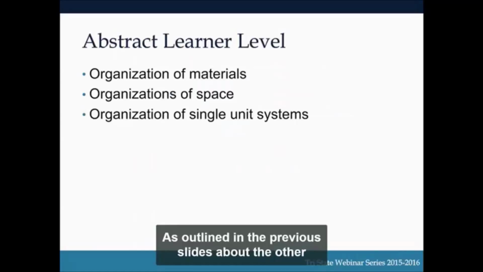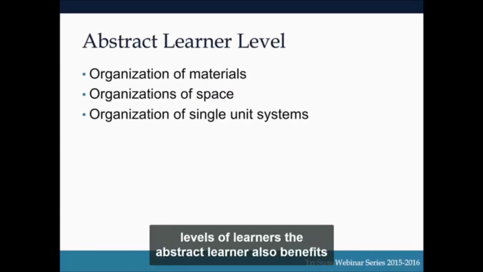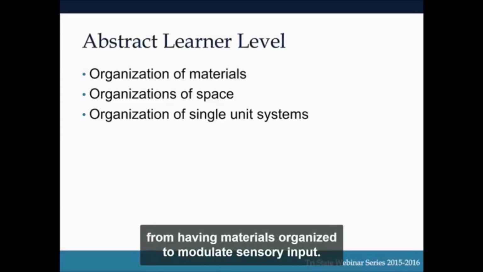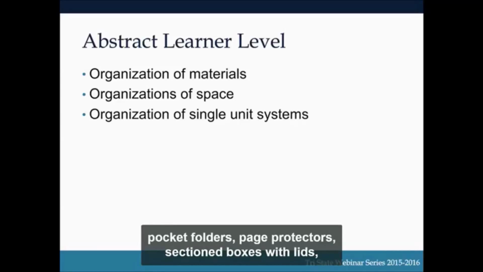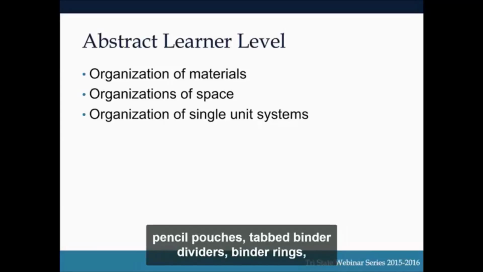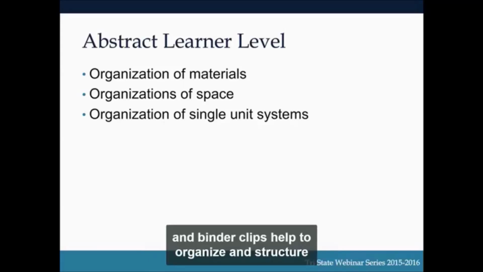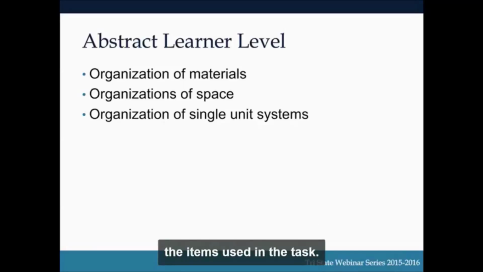As outlined in the previous slides about the other levels of learners, the abstract learner also benefits from having materials organized to modulate sensory input. Containers such as library pockets, envelopes, pocket folders, page protectors, sectioned boxes with lids, pencil pouches, tabbed binder dividers, binder rings, and binder clips help to organize and structure the items used in the task.